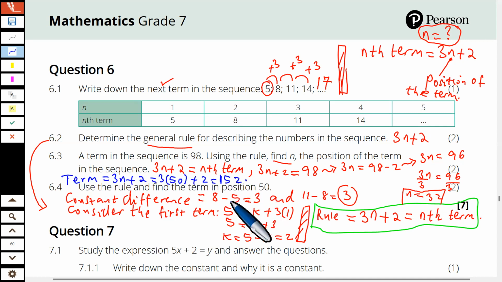In other words, use the rule to find the term in position 50. The term is 152.